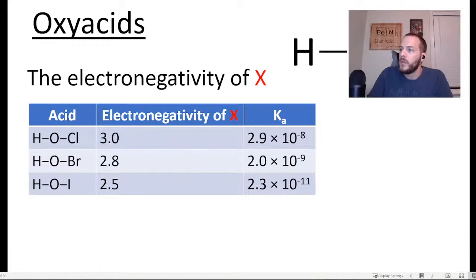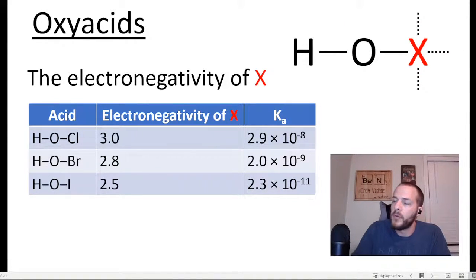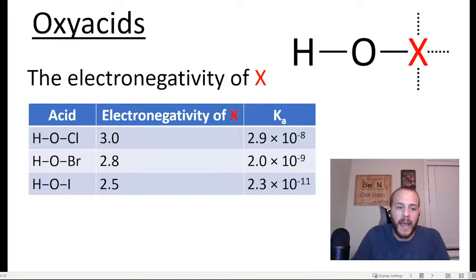Let's first talk about the electronegativity of X. Here's another table with three acids: HOCl, HOBr, and HOI. In the middle column, we have the electronegativity of the atom Cl, Br, or I, reported on the Pauling scale. And in the third column, we have the Ka, the acid dissociation constant values associated with these weak acids.